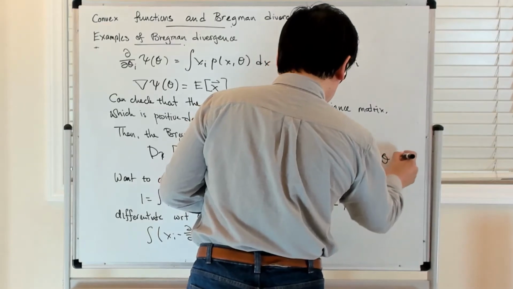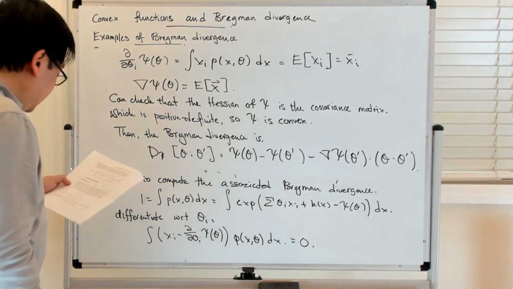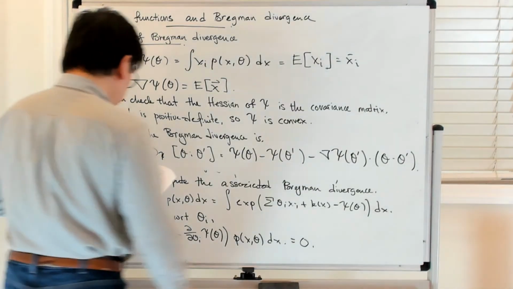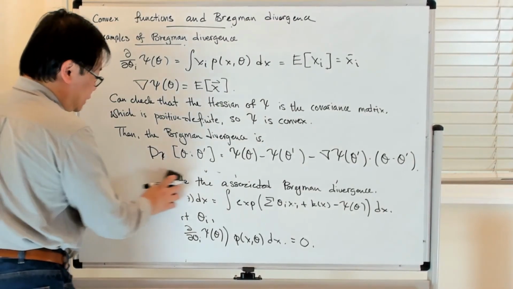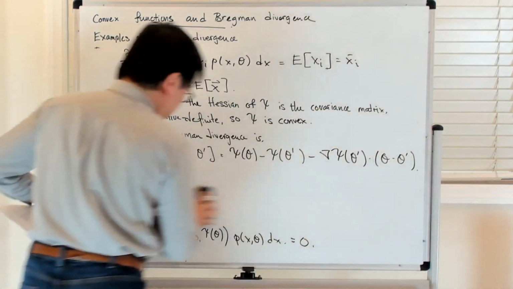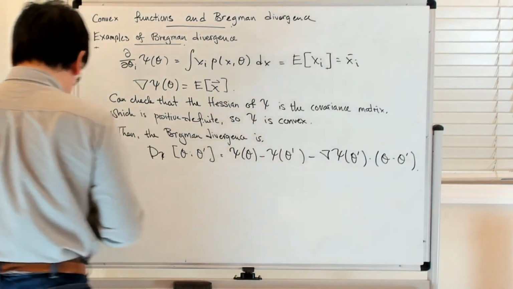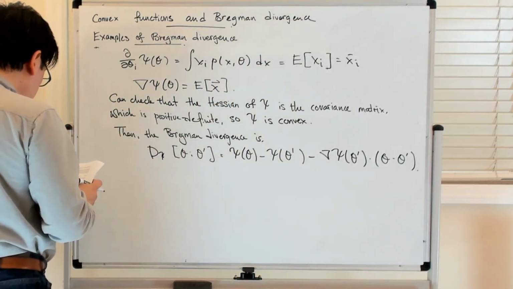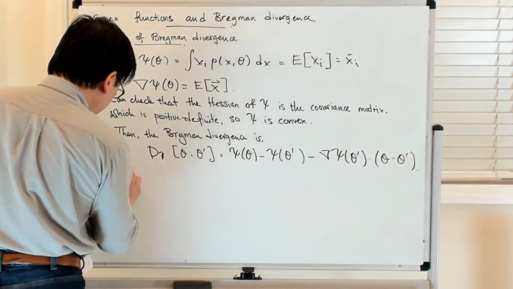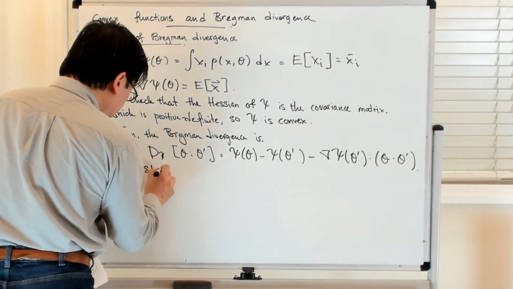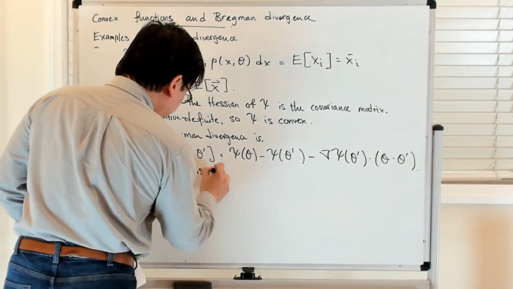So this is just the general definition of the Bregman divergence. And then you can show after a bit of work that this is really just the KL divergence applied to the exponential family.